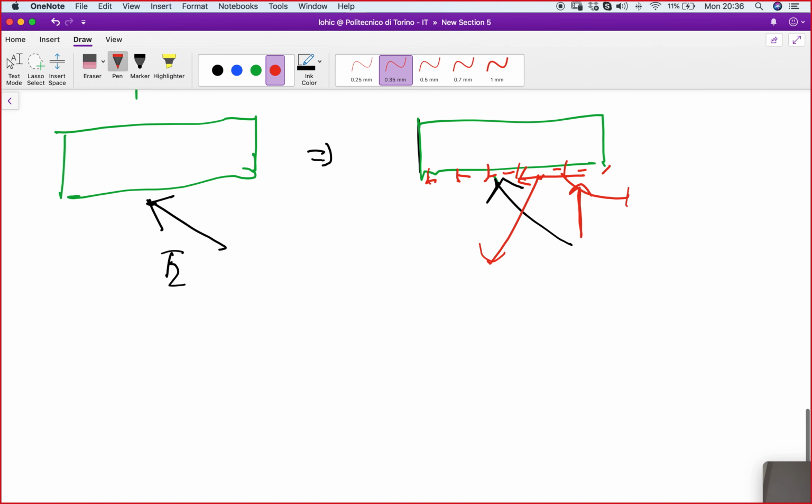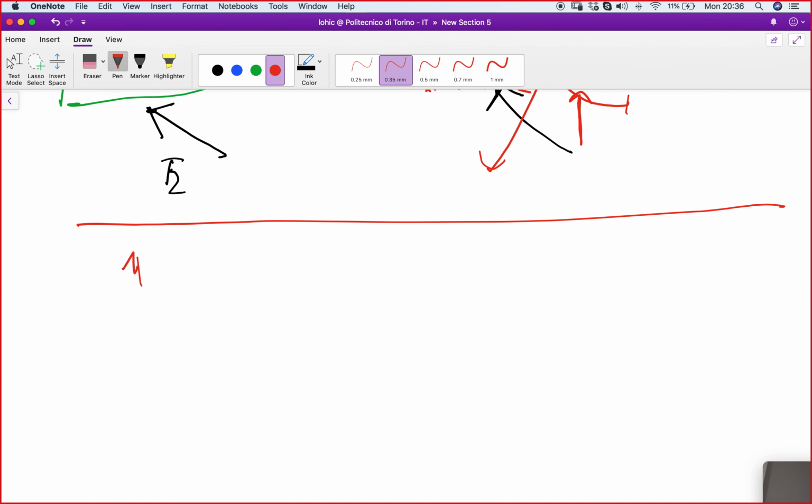To summarize, one, by definition, the conductor is any matter in which the charges are free to move. This means that if you want to keep the charges fixed, the field inside the conductor should always be equal to the null vector.